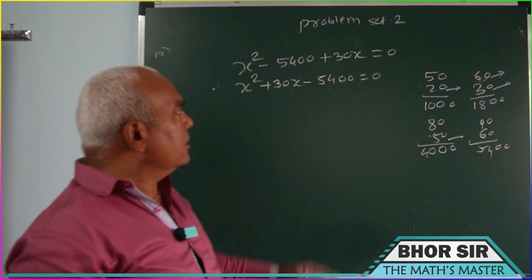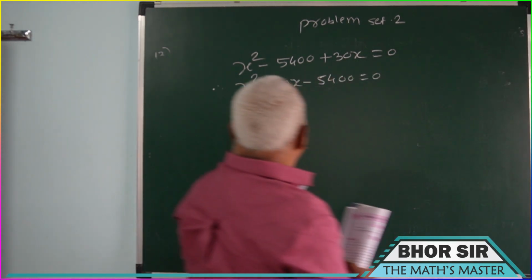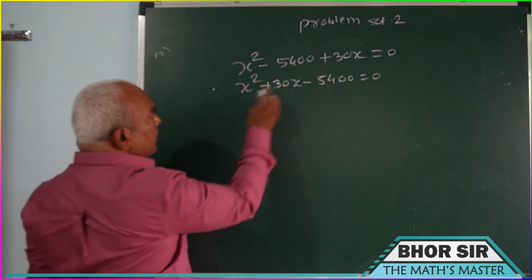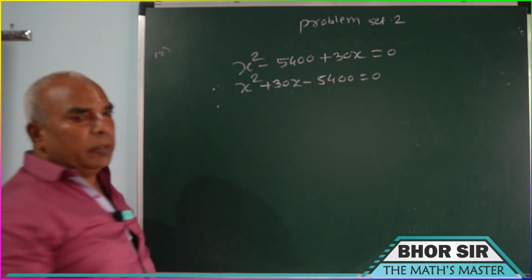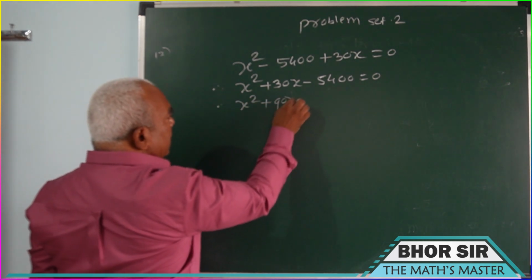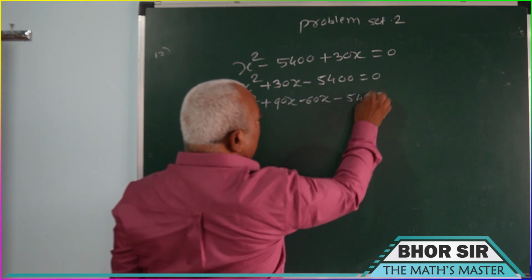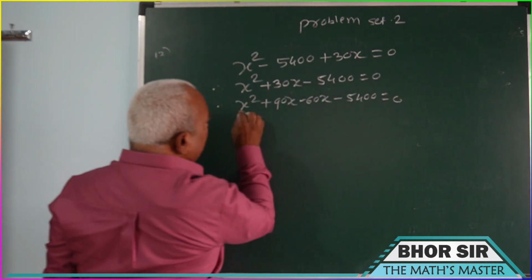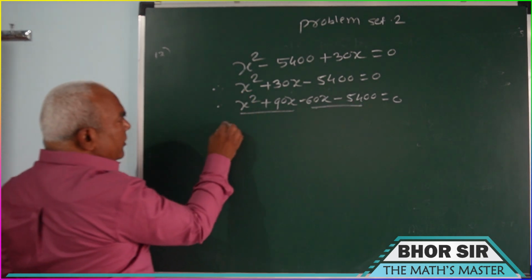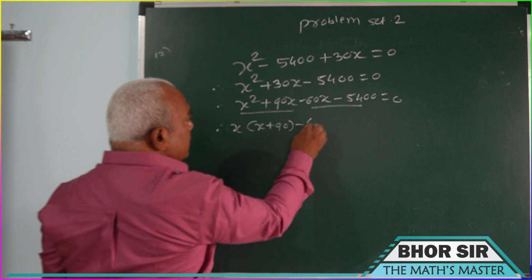So the numbers are 90 and 60. The 90 should be plus, the 60 should be minus. Then x square plus 90x minus 60x minus 5400 equal to 0. Now take x as common: x in bracket x plus 90, minus 60.